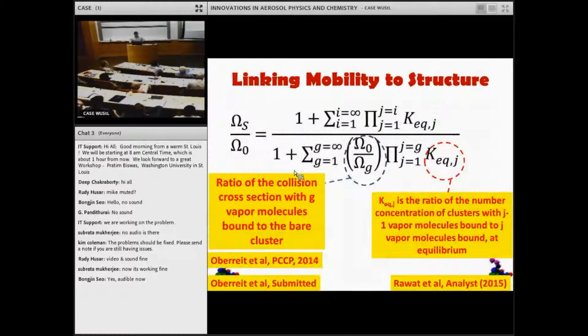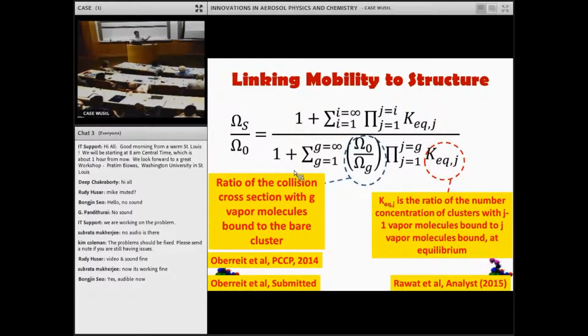So then, of course, you need a way of quantifying this or relating this to theories. If you assume, and this is a safe assumption for water, not for everything, but certainly for water, that the ions equilibrate with the background surroundings in the DMA, you can relate the shift in collision cross-section to the equilibrium binding coefficients of successive water vapor molecules.